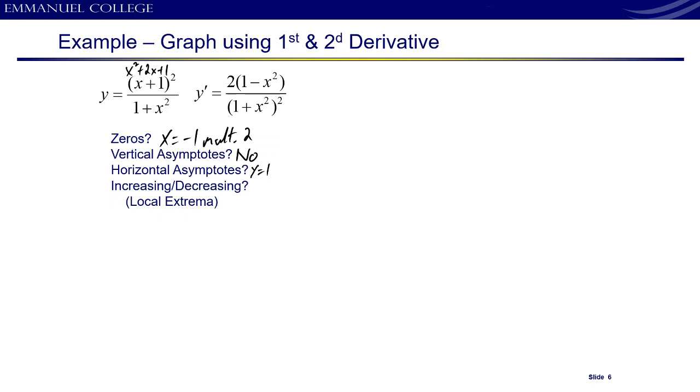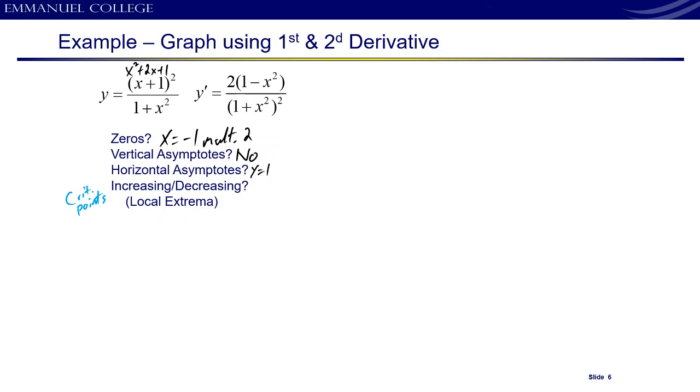Now, what about the first derivative? So where is it increasing and where is it decreasing? Now, if you look at this, again, remember, we're looking for critical points here. Because I need to know where the derivative is undefined and where it is 0.